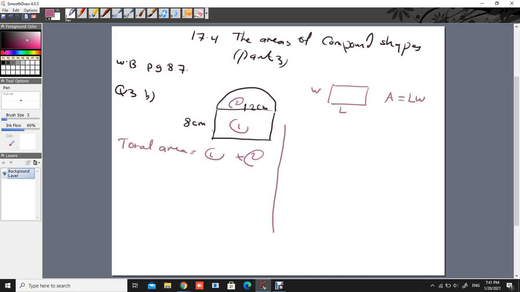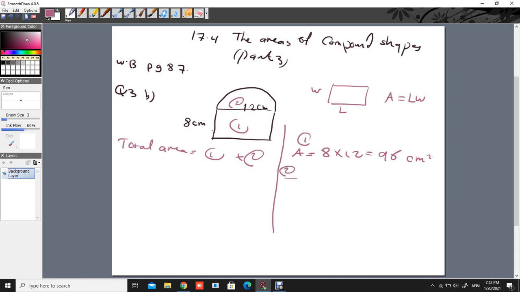Now for number 1, 8 times 12, which is I think 96. 8 times 12, 96, yes, equals 96 centimeter squared.